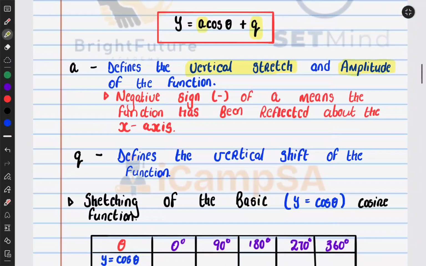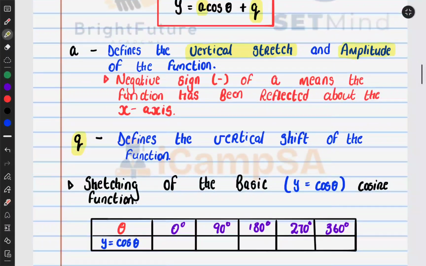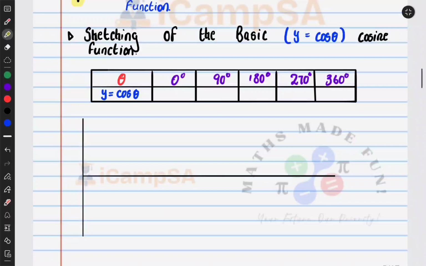Okay, and then q defines the vertical shift of the function. So nothing has changed. It's basically the same thing we have talked about on the functions and also on the sine function that we just did. So q defines the vertical shift of the function. Okay, and then let's go ahead and sketch the cosine function and see how it looks.